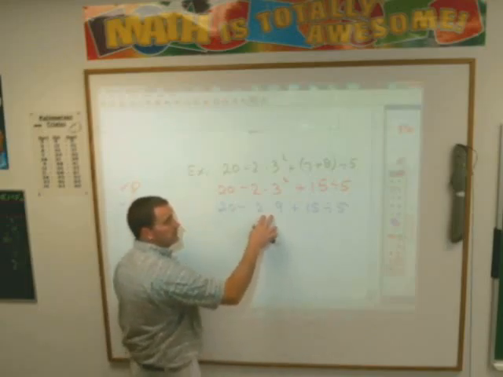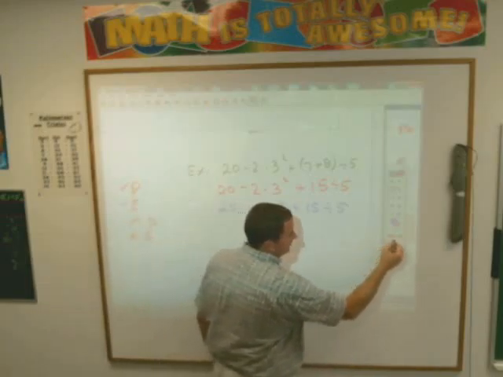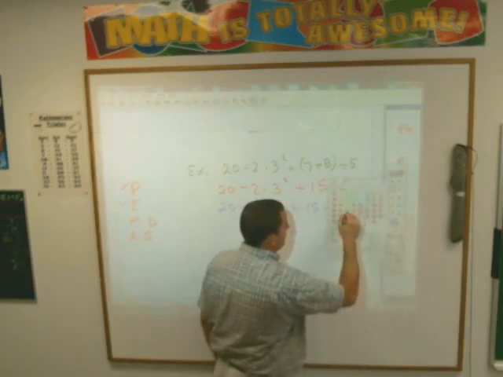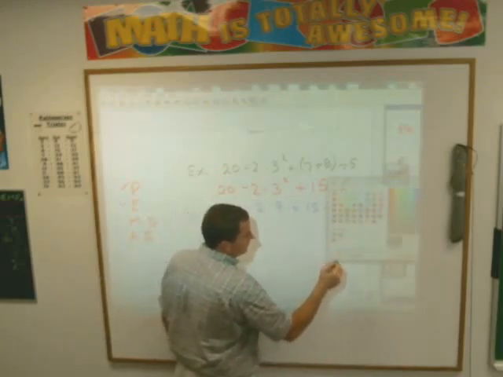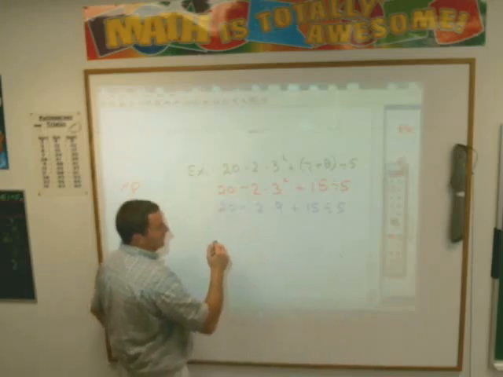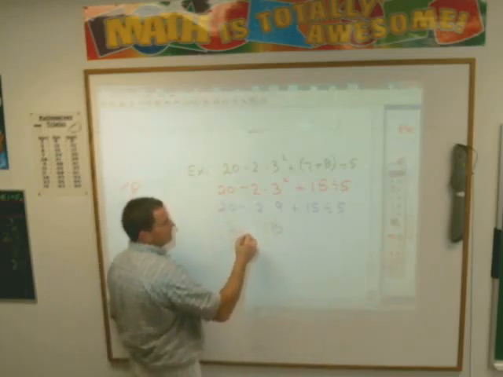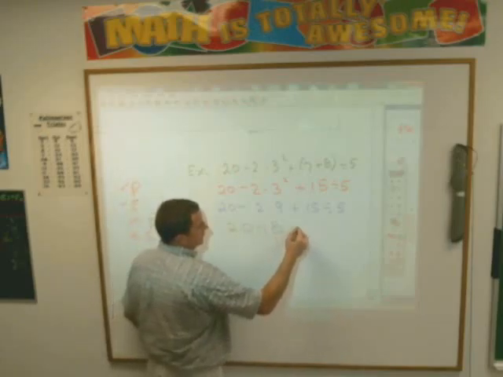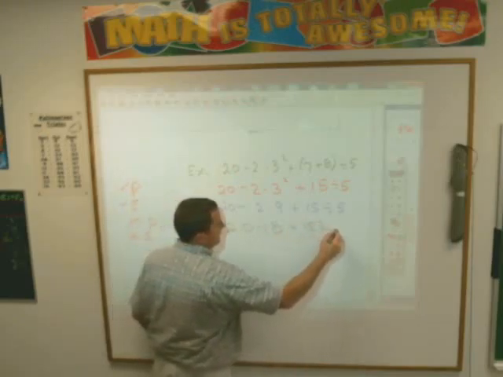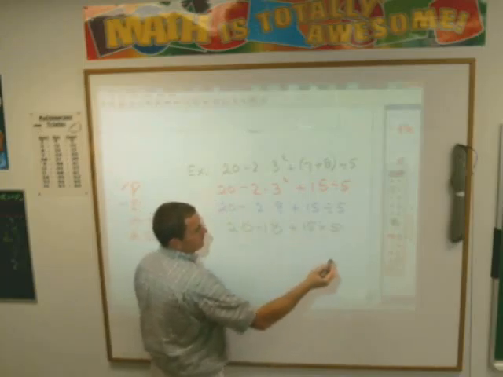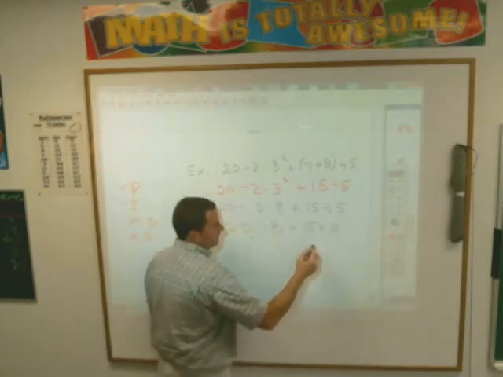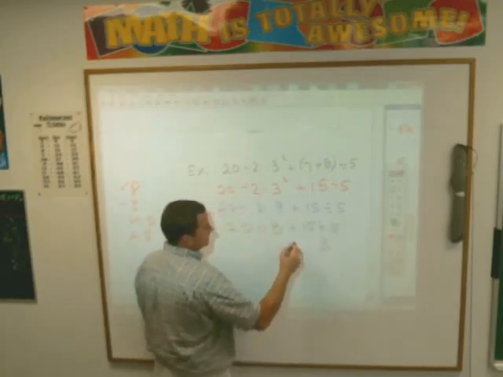So the first one I come to is that one. Okay, I end up with 2 times 9 is 18. So now it's 20 minus 18 plus 15 divided by 5. Then I do the division one over there, which is 15 divided by 5 is 3.